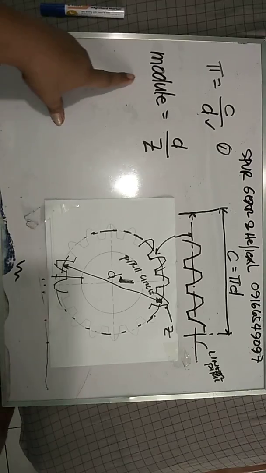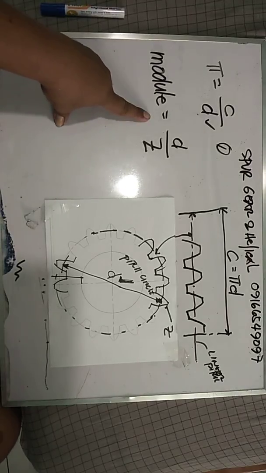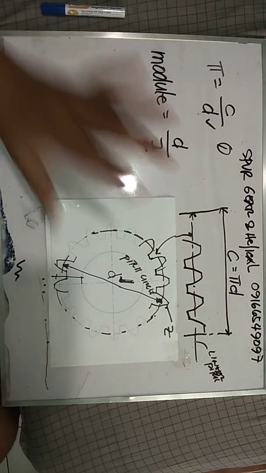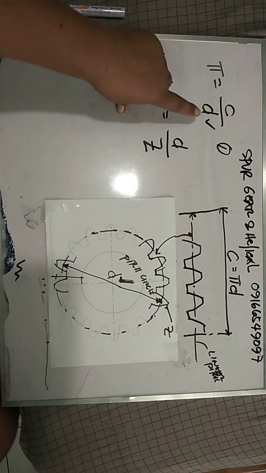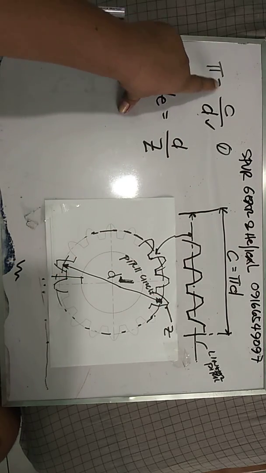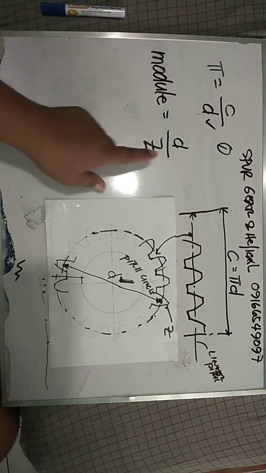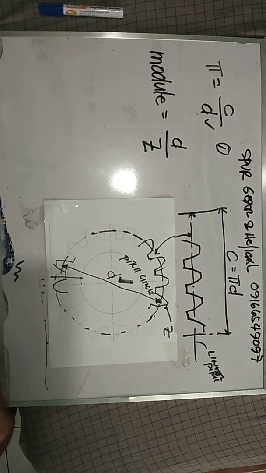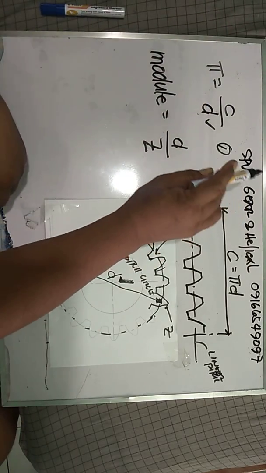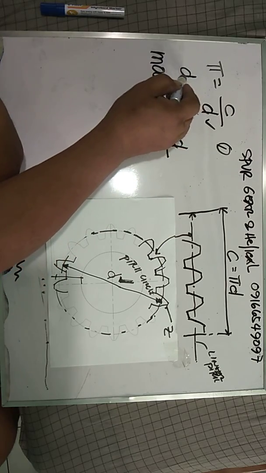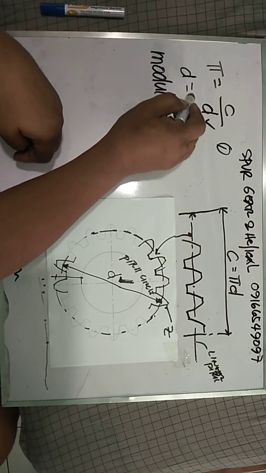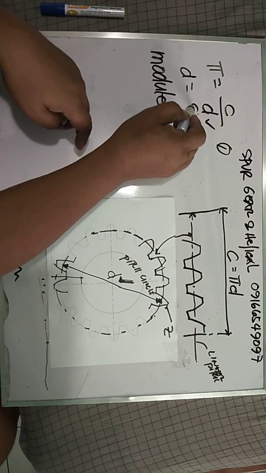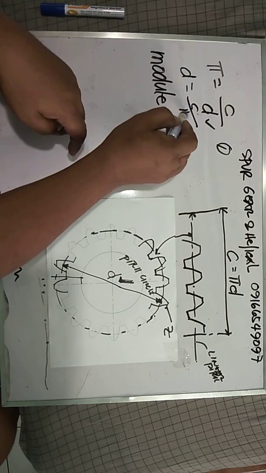Now we use this module. How to use this module in the gear? We know that pi is equal to the ratio of circumference and its diameter. So we have to replace it. Then diameter is equal to circumference over pi.